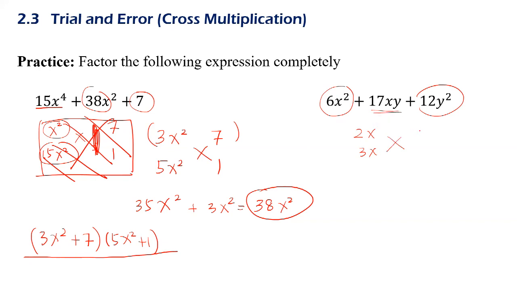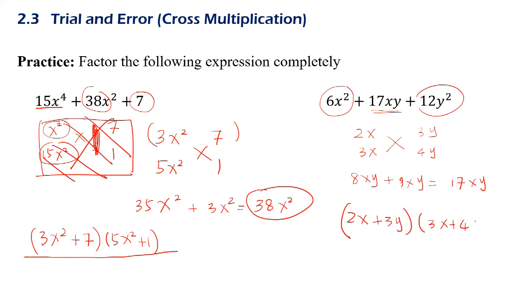So let's try, if we put a 3y here, 4y here, this is 8xy plus 9xy, which is exactly the term in the middle, right? 17xy, sorry. So the polynomial can be factored to 2x plus 3y times 3x plus 4y, right?